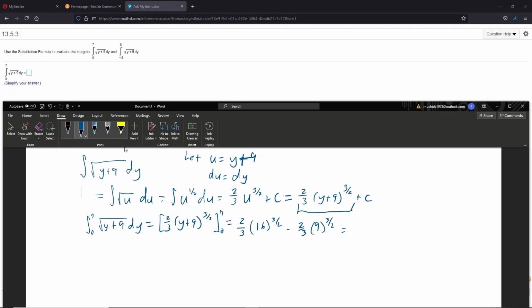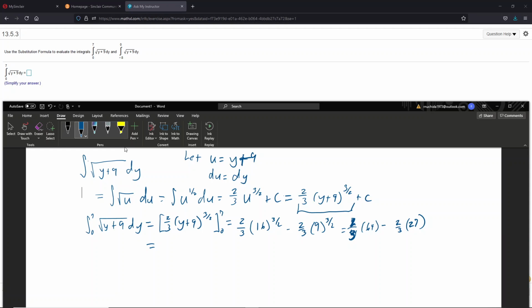The square root of 16 is 4, and cubed is 64, so we'd have 2/3 times 64 minus, and then 9 to the 3/2 is the same thing as the square root of 9 cubed, so that would be 3 cubed, which is 27. This should have been 2/3, I don't know why I wrote 3 over 64. So 2/3 times 64, and then minus 2/3 times the 9 to the 3/2, which is 27.